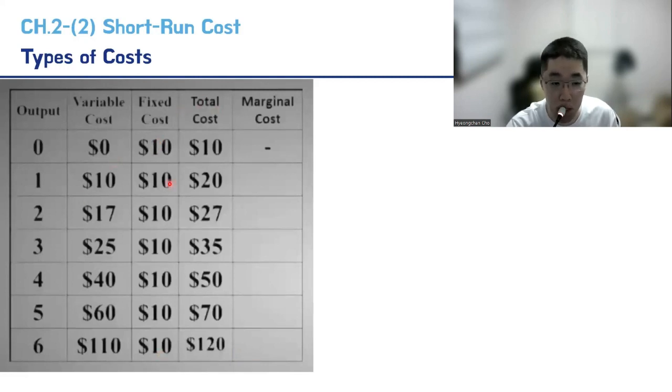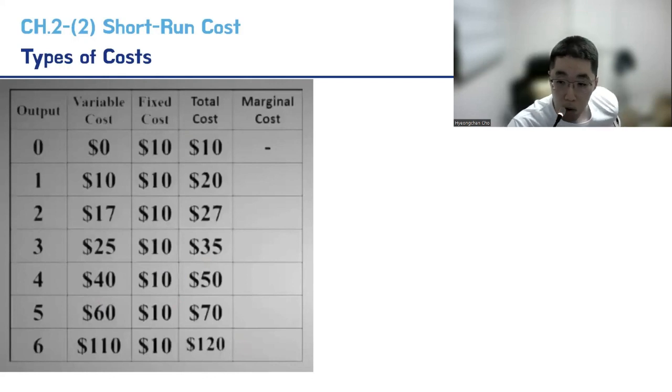So 10 plus 10 is 20. 17 plus 10 is 27, and 25 plus 10 is 35, and 40 plus 10 is 50, and 60 plus 10 is 70, and 110 plus 10 is 120, right? Okay, it's just simple calculations.